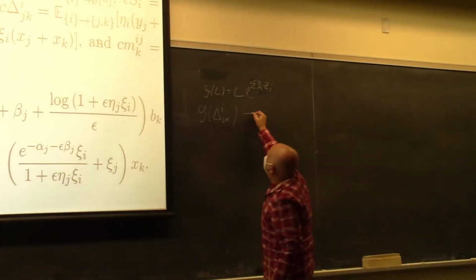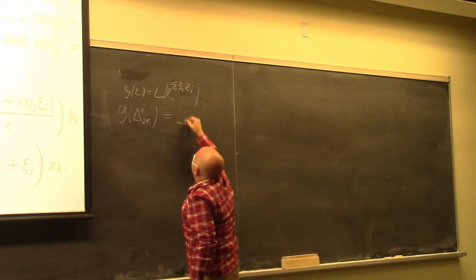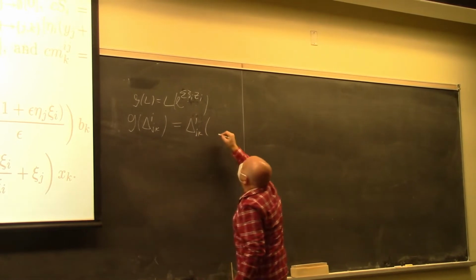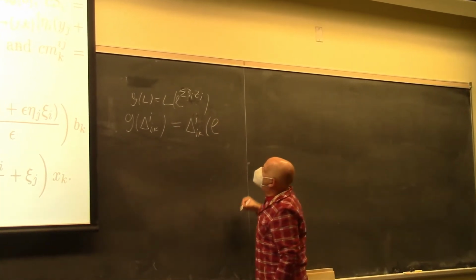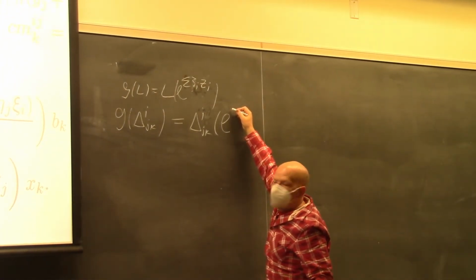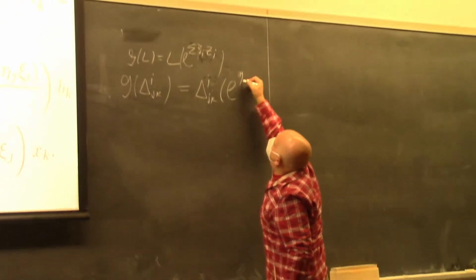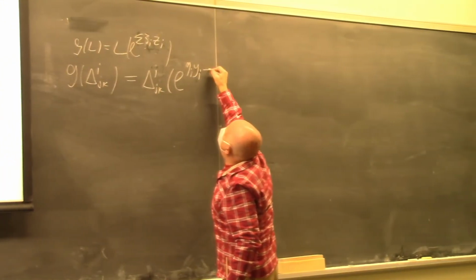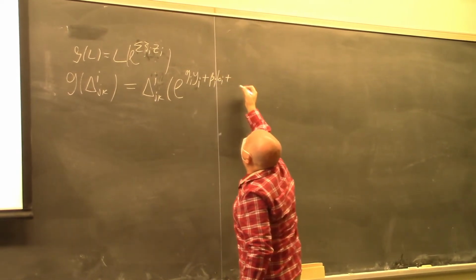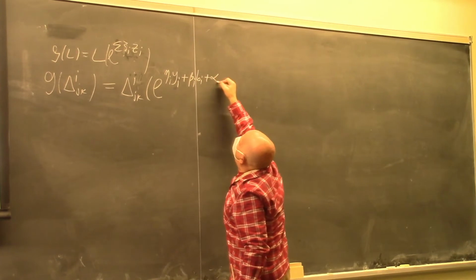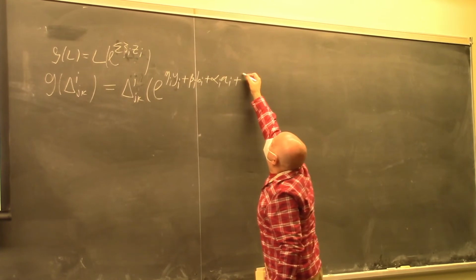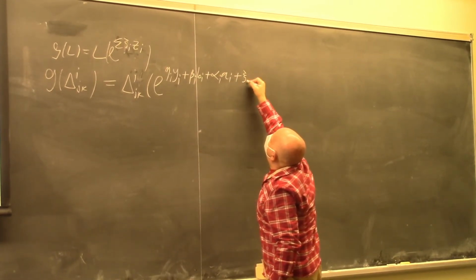So for us, this should be delta ijk applied to e to the, so the input variables are y, b, a, and x, so it's eta I yi plus beta I bi plus alpha I ai plus psi I xi.